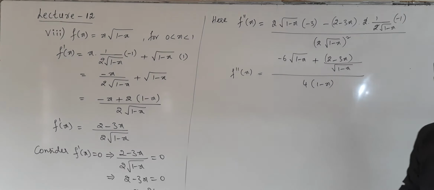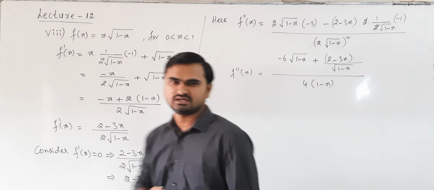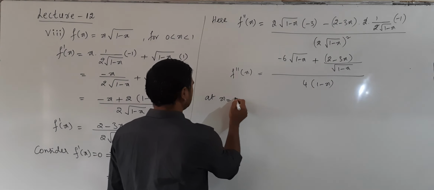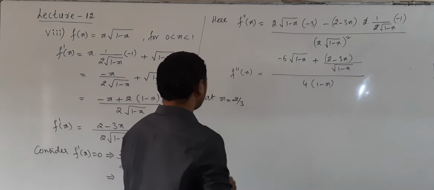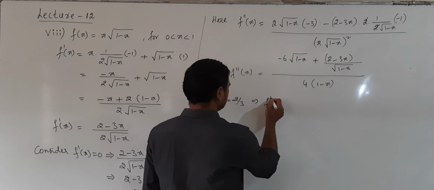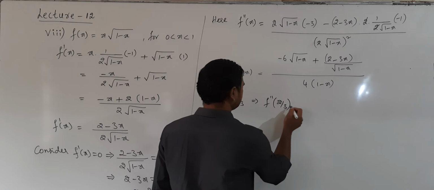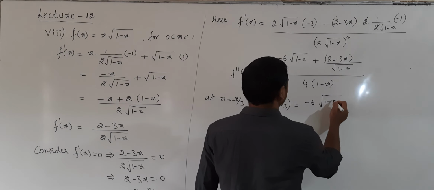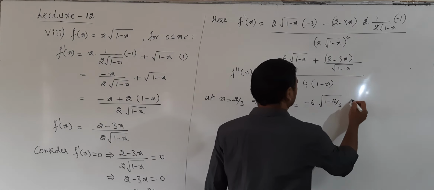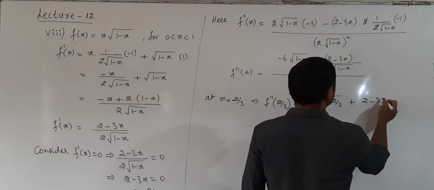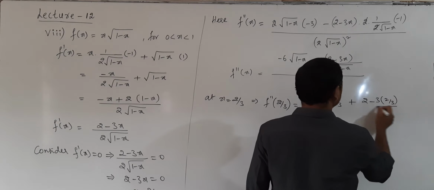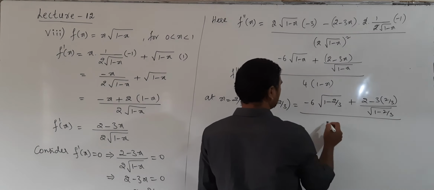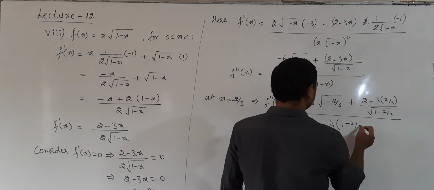Let us substitute this critical point and see what is the sign of the second derivative. At x equal to 2 by 3, what is f double dash of 2 by 3? It is minus 3 square root of 1 minus 2 by 3 plus 2 minus 3 into 2 by 3 over square root of 1 minus 2 by 3, total by 4 into 1 minus 2 by 3.